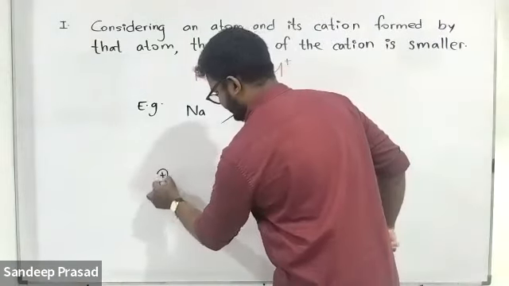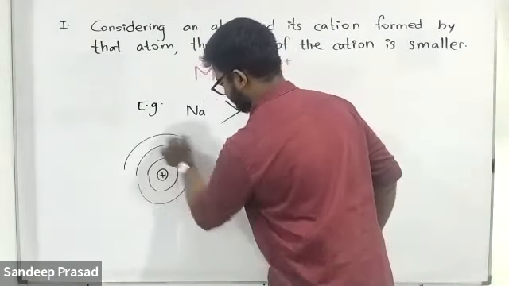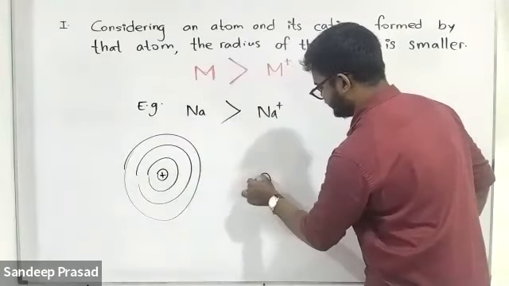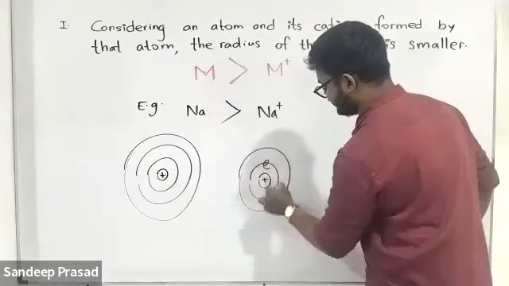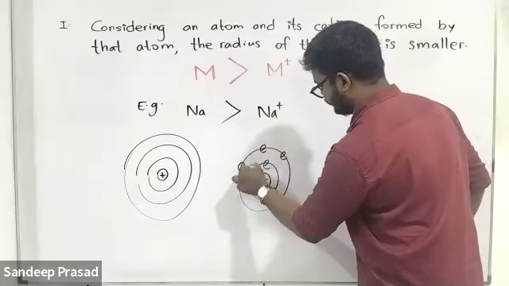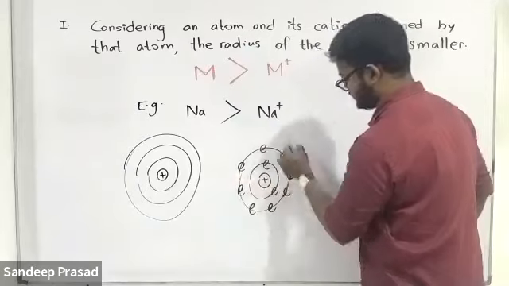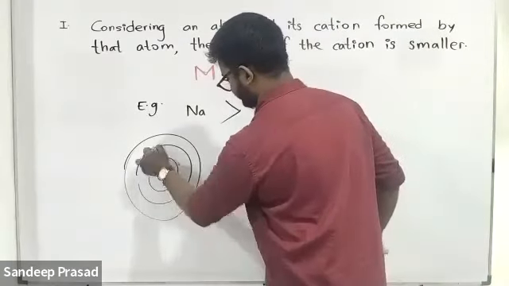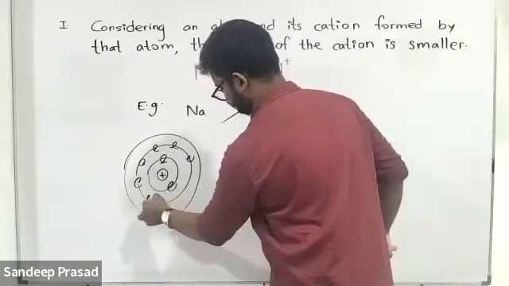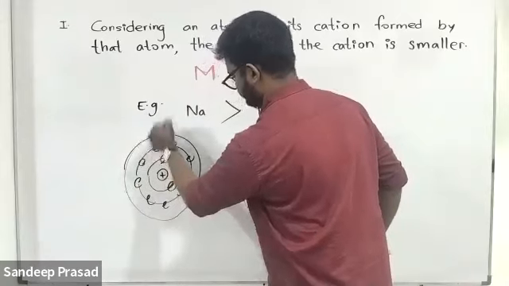Sodium atom contains 3 principal energy levels. After removing the valence shell electron, it has only 2 energy levels. So won't the radius reduce? Definitely it will reduce, right?